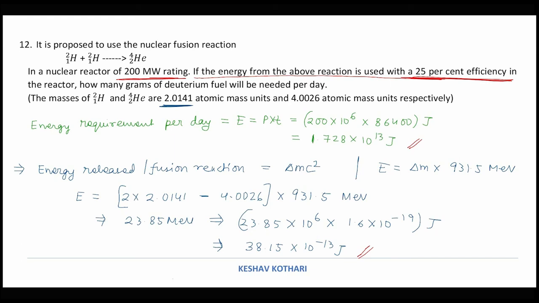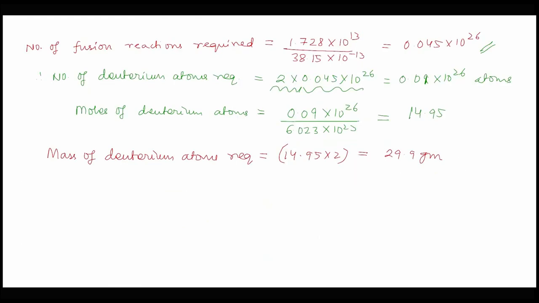To make sure that the energy from the above reaction is used only with a 25% efficiency, the actual amount of deuterium required will be equal to 119.6 gram.